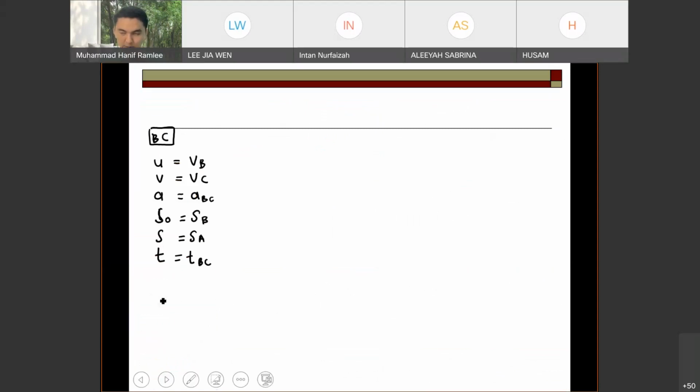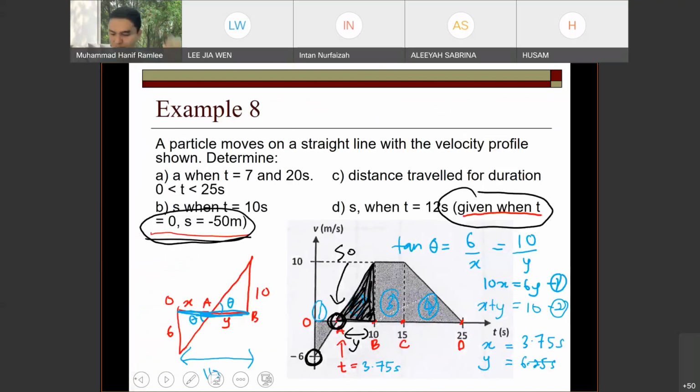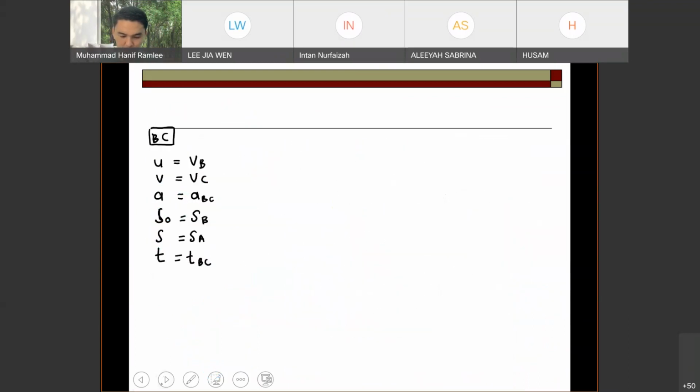Okay, let's move on to the next one, which is determining VB from the graph. At point B, the V is 10. And V at point C is 10. Both are 10. Okay, ABC is the unknown value.